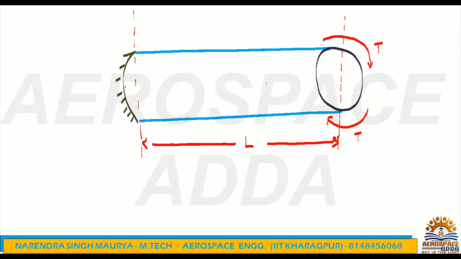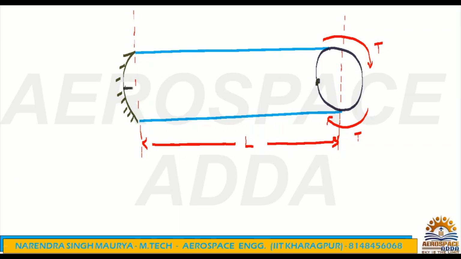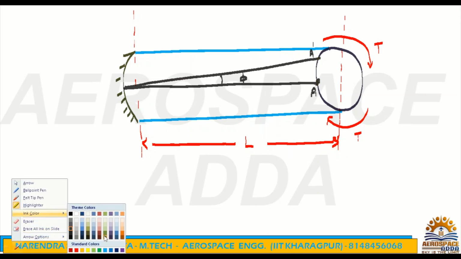Suppose earlier this was a point, any one point we can fix, and before twisting this is point A. Once torque is applied, this point will be twisted by angle phi, and now this point becomes A dash.